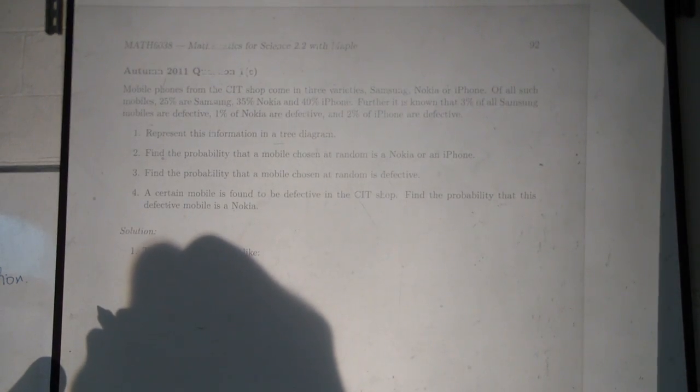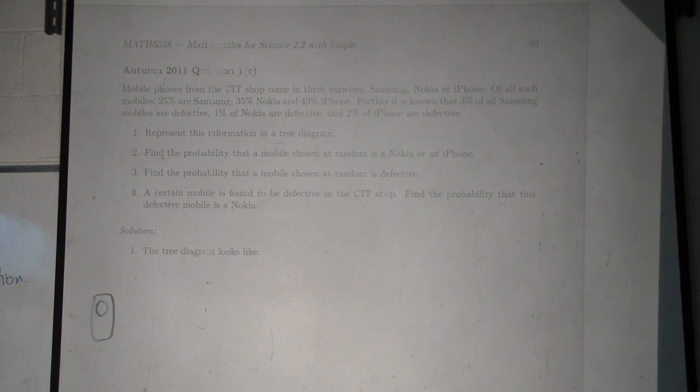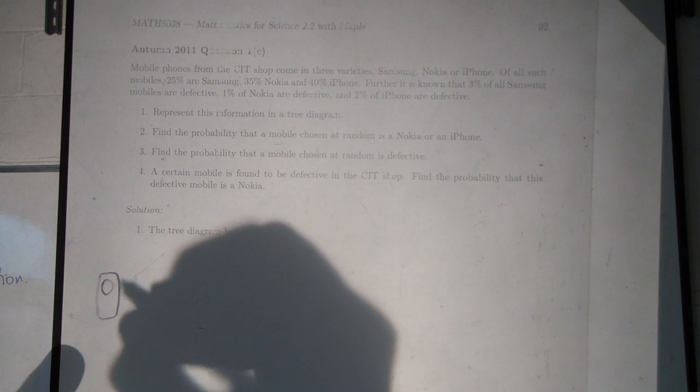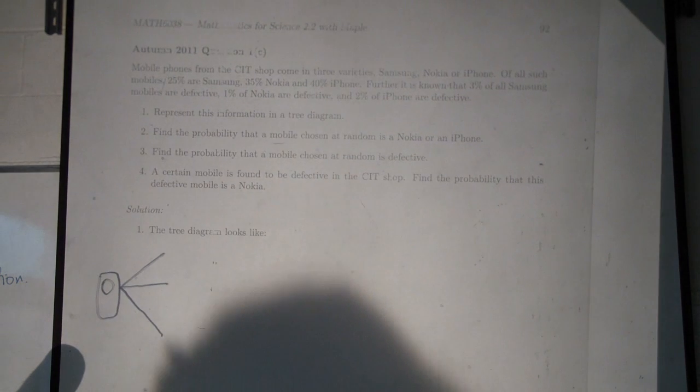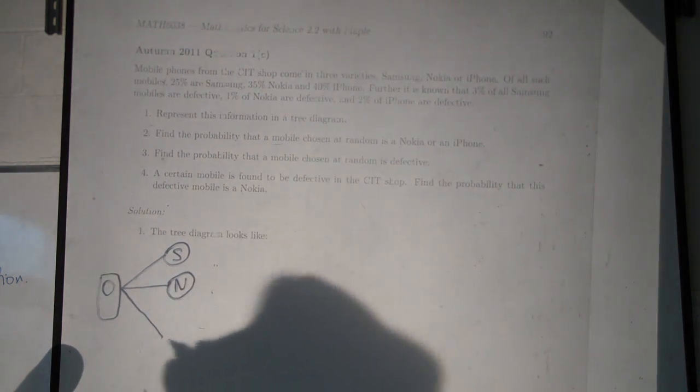Okay, so we start with a mobile phone. You can draw a picture of a phone, and it branches 3 different ways: Samsung, Nokia, iPhone. This is connected with decision trees and stuff like that as well. So you can have a Samsung, a Nokia, and an iPhone, which I'm going to call an IP.